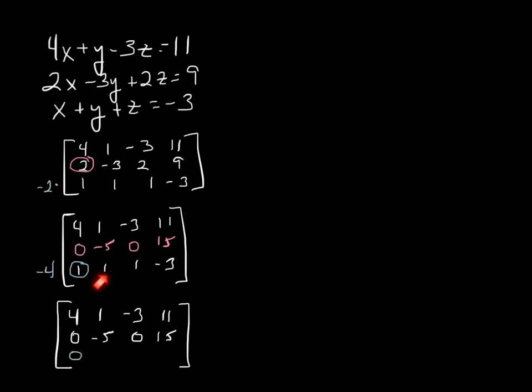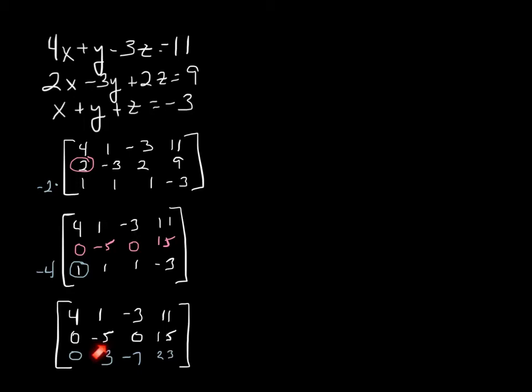Negative 4 times 1 plus 1 is negative 3. Negative 4 times 1 minus 3 is negative 7. And last one, we've got negative 4 times negative 3 is 12, plus 11 is 23.